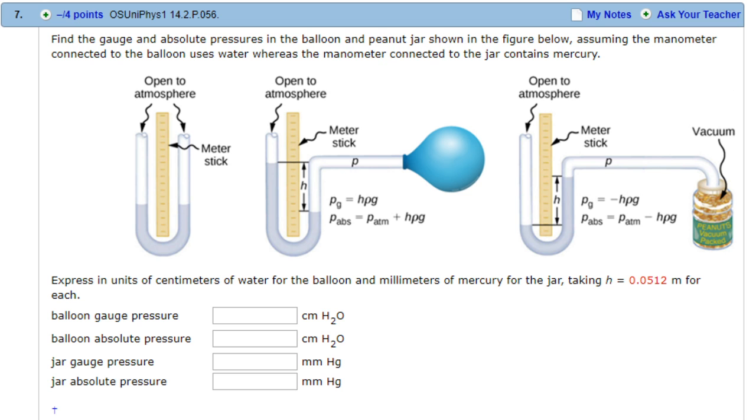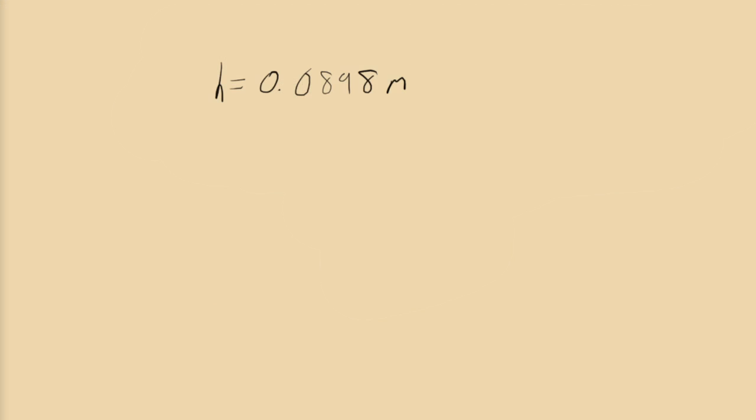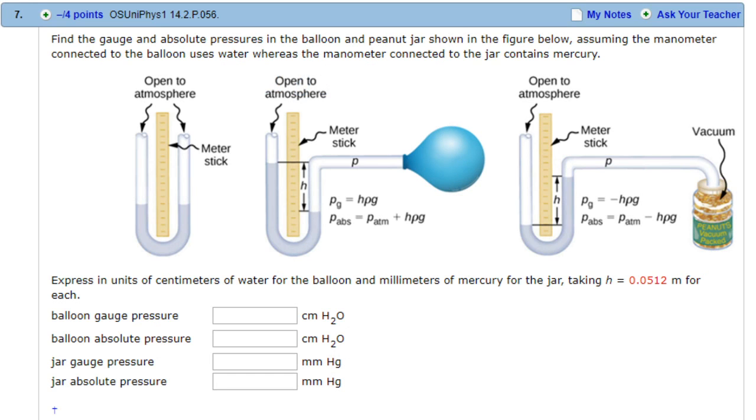And so what we could do, we're told that the height difference for both of them is 0.089 meters. So since our answers are in terms of centimeters of H2O and millimeters of mercury, all we really need to do is convert our height measurement into the appropriate units.